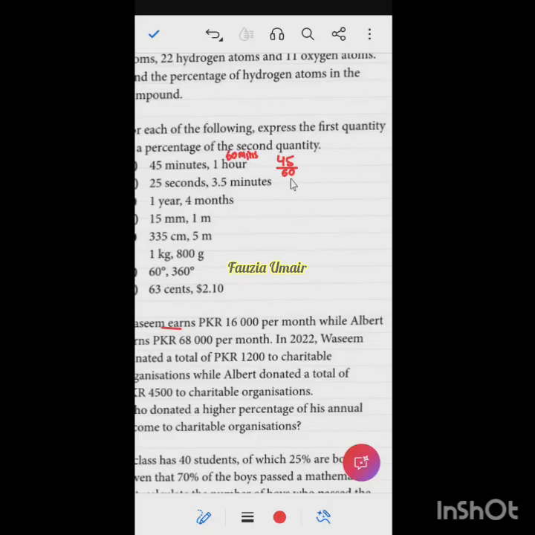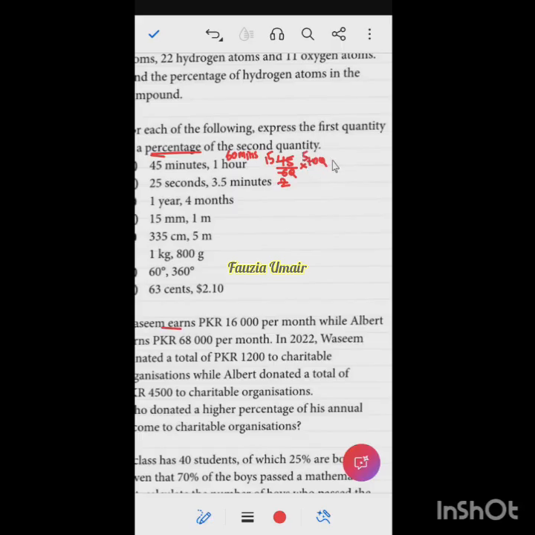Now we need to convert this fraction into percentage because that is what is written in the question: express one quantity as a percentage of other. To change this into percentage, we multiply with 100. Now we can simplify. We cancel the 0s, and cancel this 6 with 3: 2 sixes are 6, 3 15s are 45. Now this 2 can be cancelled with this 5: 2 5s are 10.